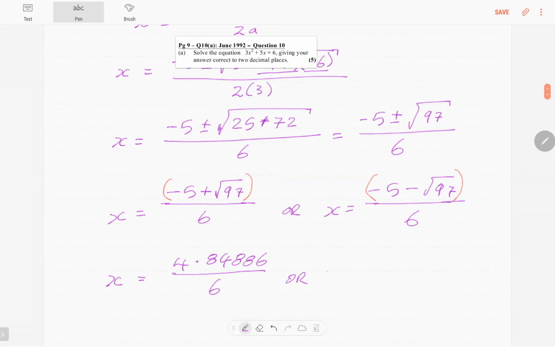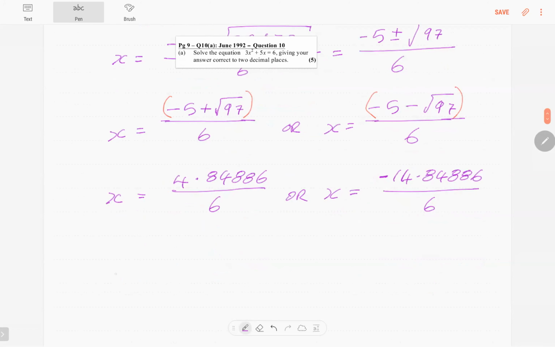Or the other one I'm getting is -5 minus the square root of 97, which equals -14.84886, divided by 6. Just divide the two values now.